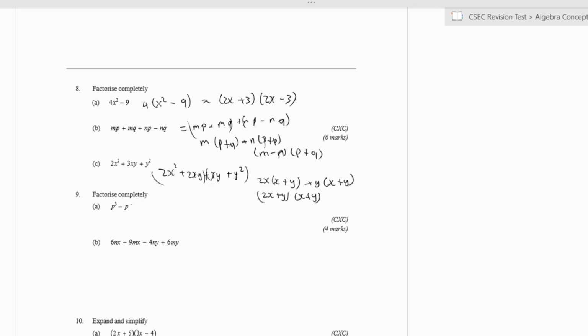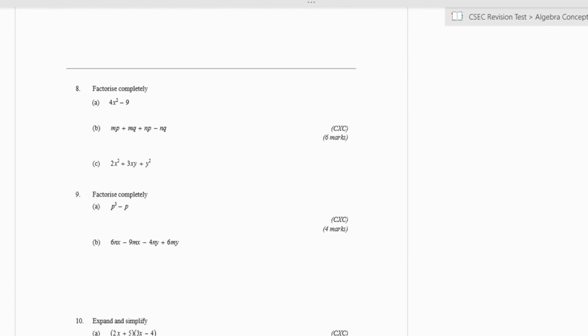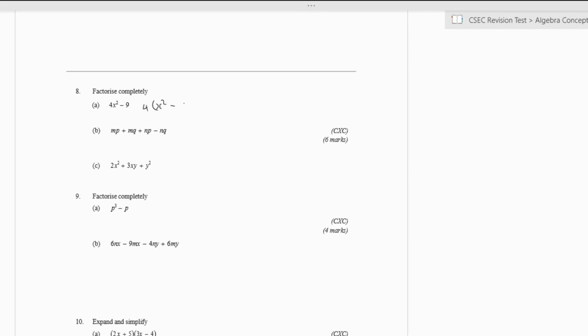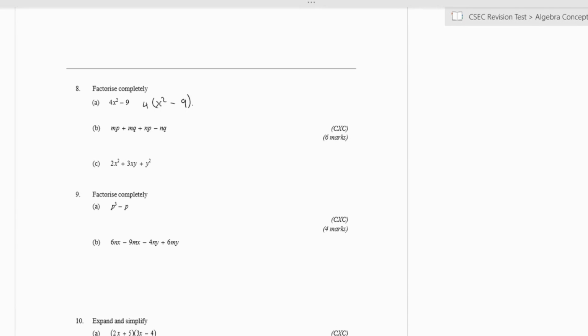Looking at this question now, p cubed minus p. Let's look at this factorizing question now. We need to look at these numbers and see if they are perfect squares, or what number can multiply by them to give us that number. So the first method of doing it, you write in two brackets. I can even put the 4 outside, and then you have x squared minus 9.